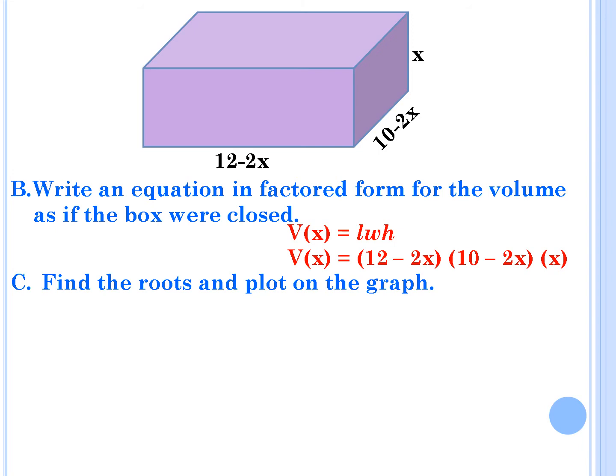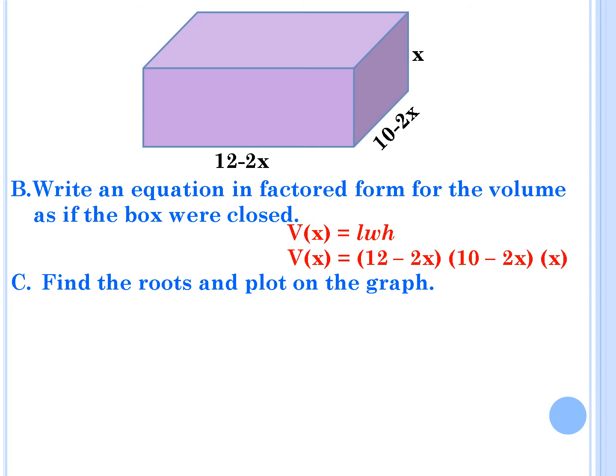Now that we have the function in factored form, we can find the roots. Because remember, from factored form, we set each factor equal to 0, and then we solve for x. Basically, let me tell you what we're doing.